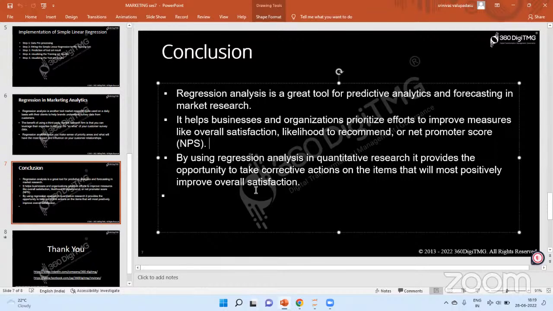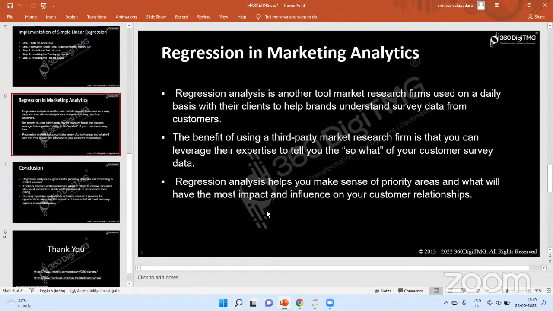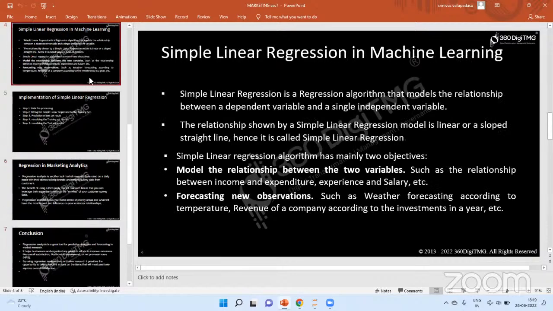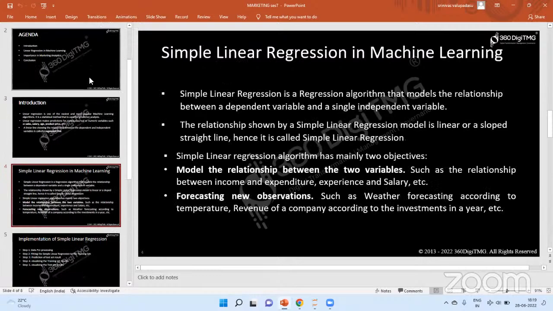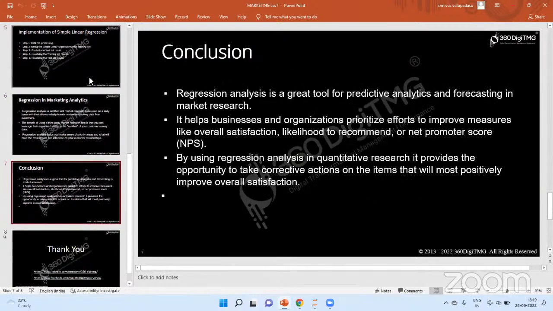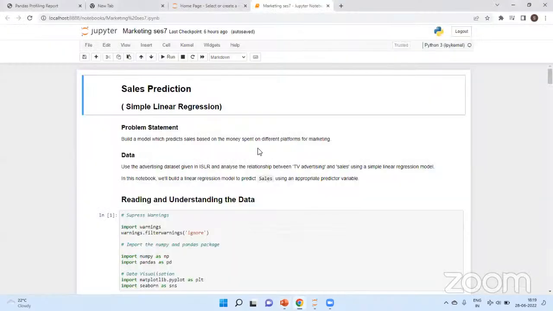This analysis is also helpful to improve the overall satisfaction of the customers. Okay, so this is about simple linear regression. Let us implement this regression analysis on Jupyter.